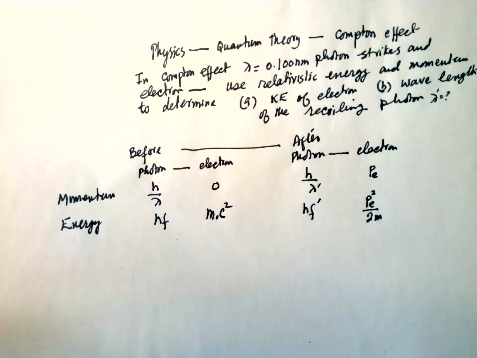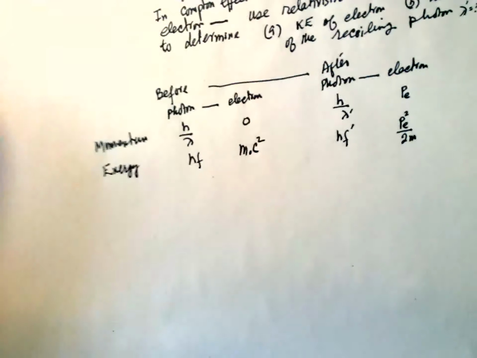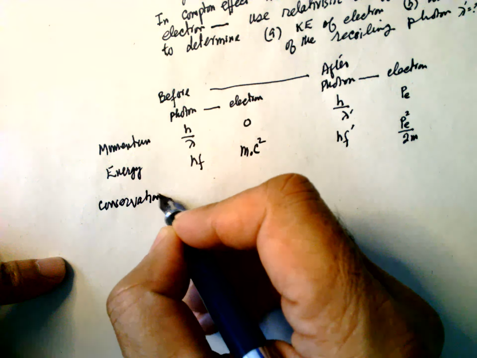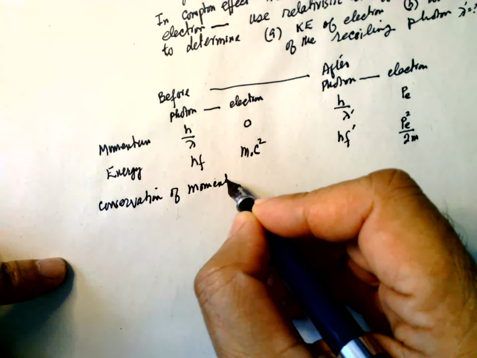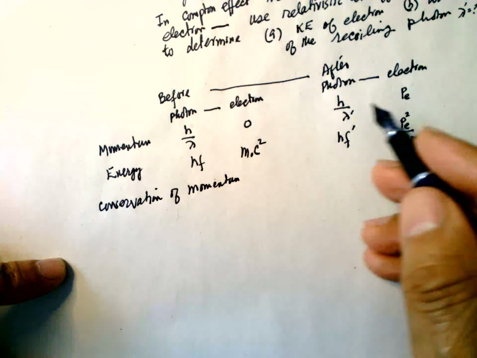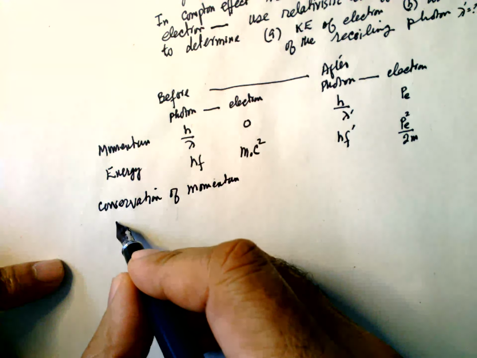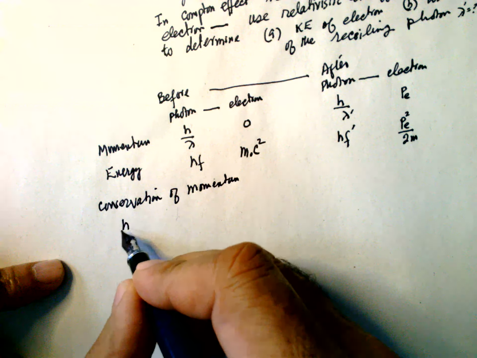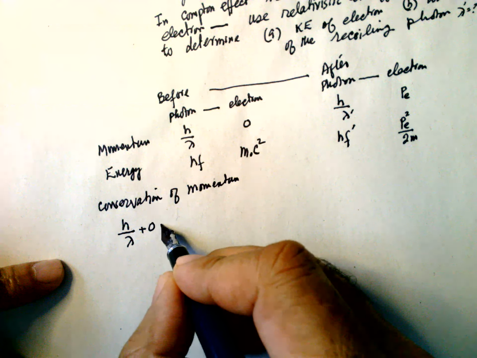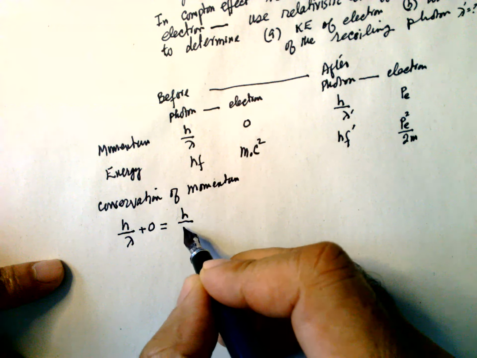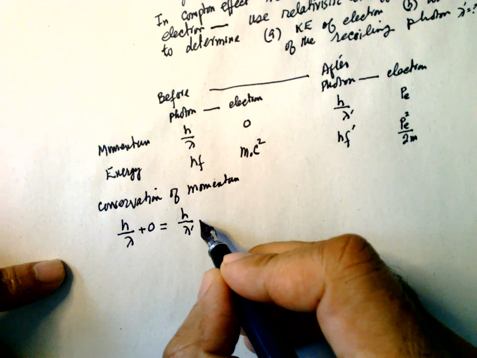So now we have to use the conservation of momentum. So before and after is equal. So that will be h over lambda plus 0 is equal to h over lambda dash plus PE.